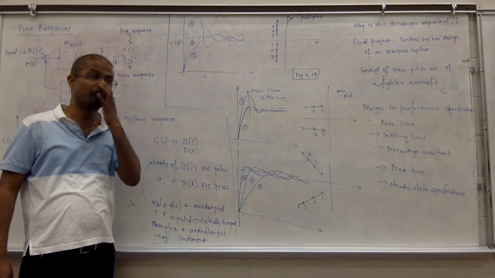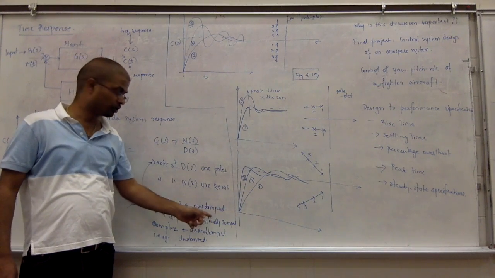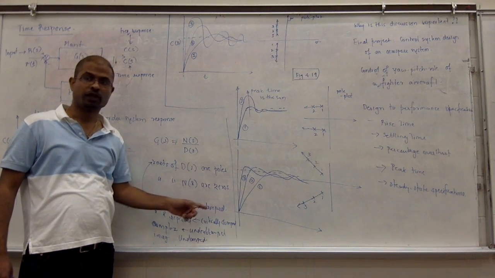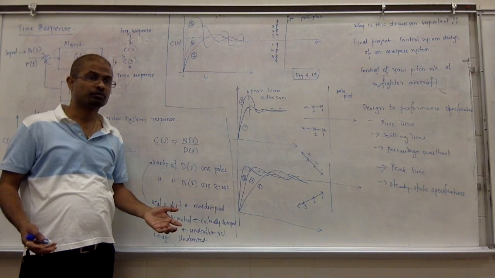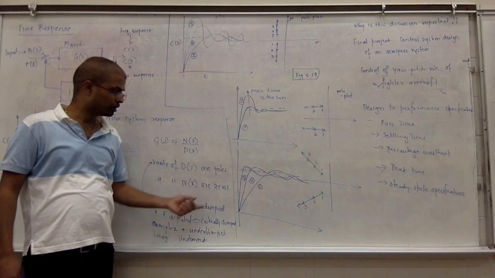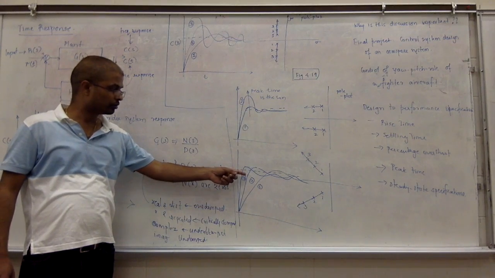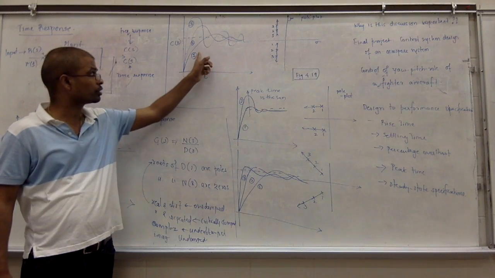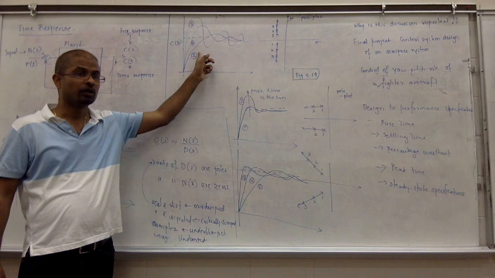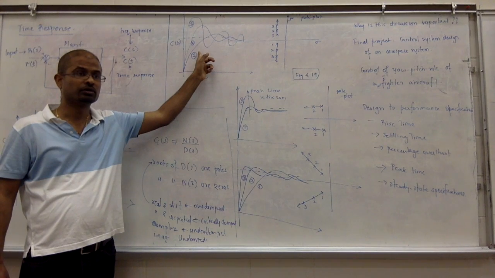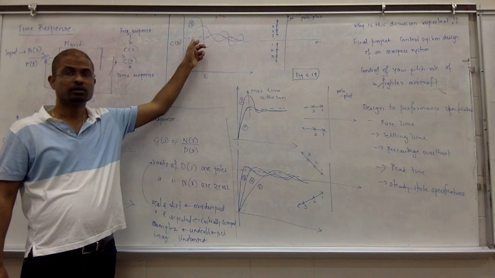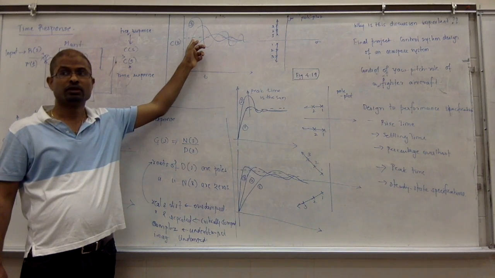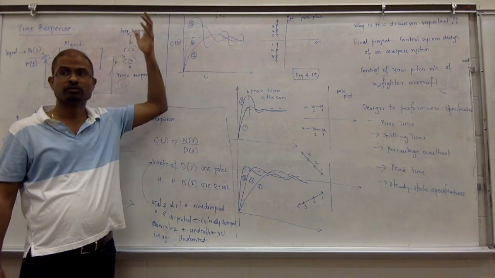Any kind of chemical process, you look at over-damped systems. Any kind of aircraft system, for example, system 1 would be a passenger aircraft. System 2 could be a charter flight. System 3 could be a fighter aircraft.